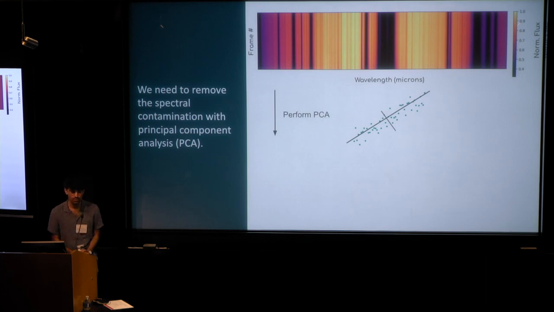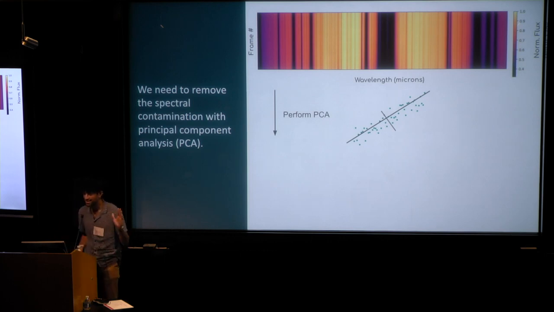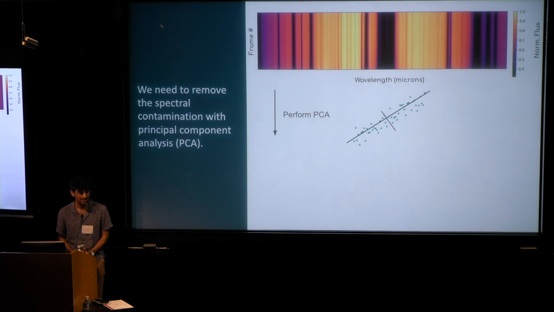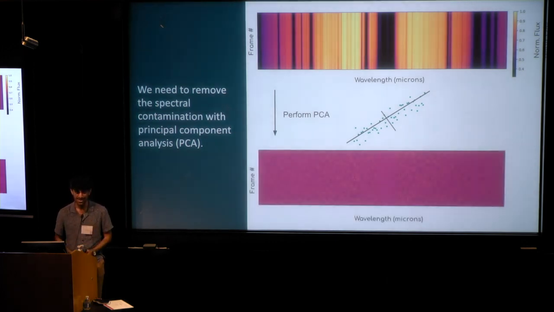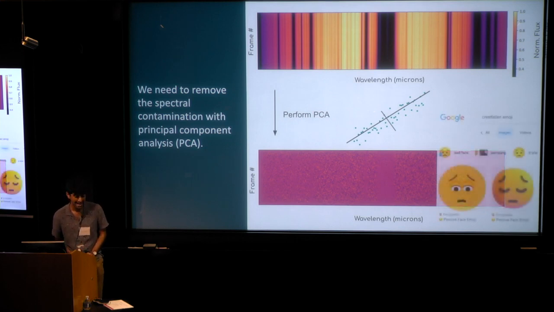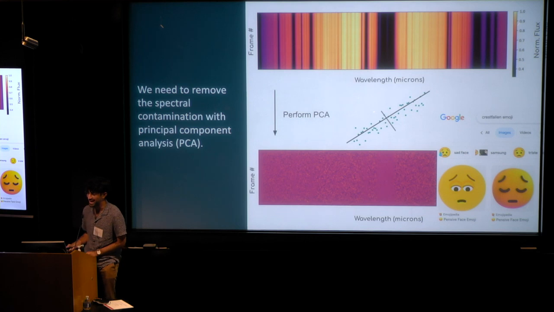So PCA is going to identify these components that have very strong spectral variance. And once it identifies that, we can basically divide it out. So this sounds great, right? We're going to divide out the star, we're going to divide out the tellurics, and everything's going to be great. We're going to have a beautiful planetary spectrum just like before. But we end up with junk. It's very sad. It is very, very sad.